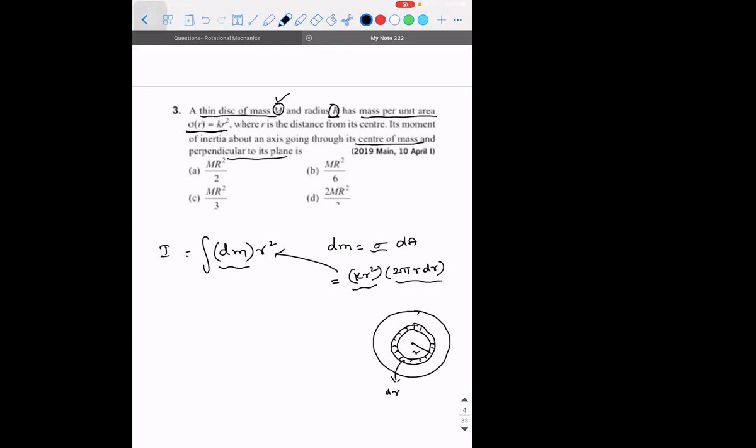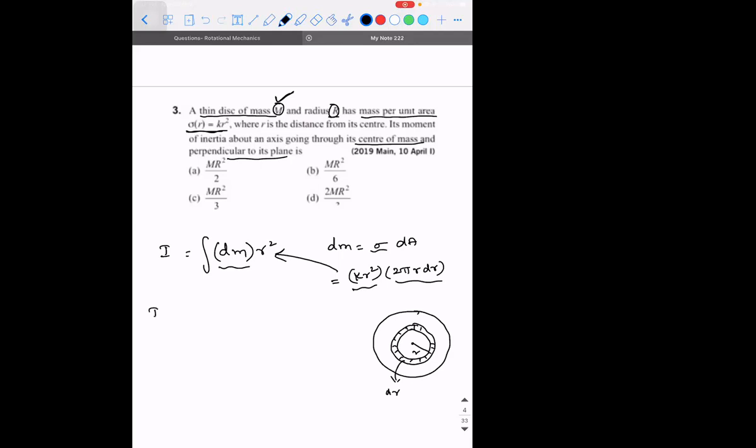If I substitute and integrate, I'm going to get the answer. But why do I need mass here? In the options, there is nowhere K given.